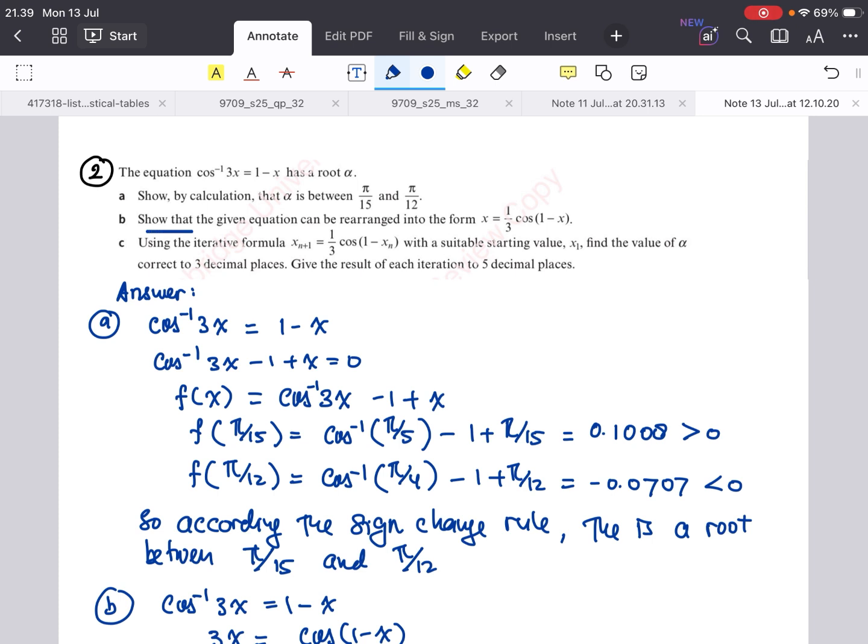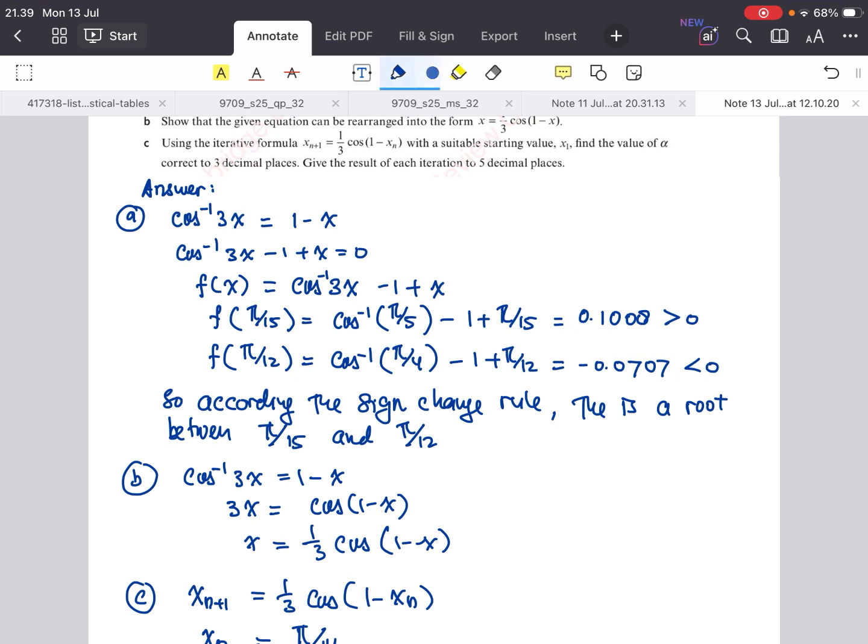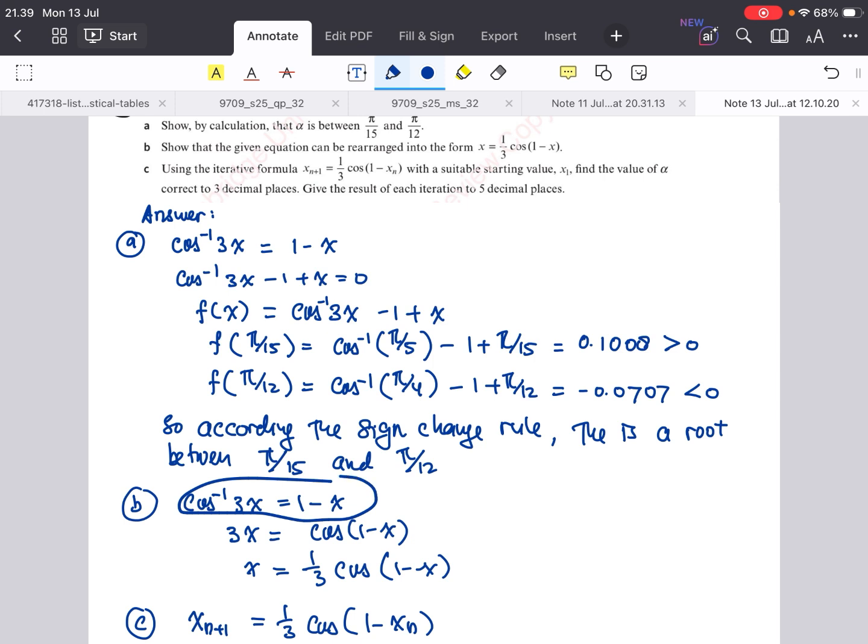And then B. Show that the given equation can be rearranged into the form x = 1/3 cos(1 - x). So we are going to convert the original equation into the wanted form. So first, since cos⁻¹(3x) = 1 - x, then we can say that 3x is equal to cos(1 - x), and x = 1/3 cos(1 - x).